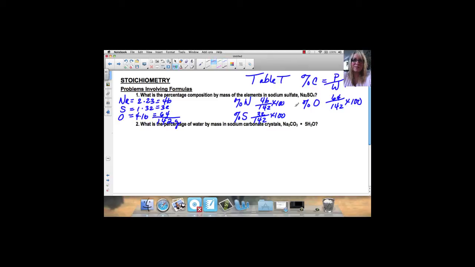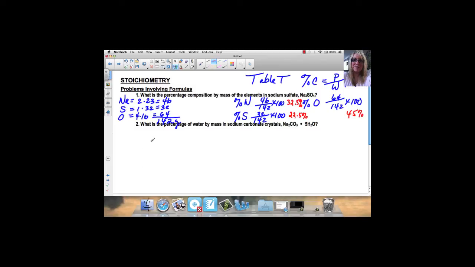When I do these percentages out, you should get approximately 32.5% here, 22.5% here, and oxygen is 45%. And everything adds up to 100.